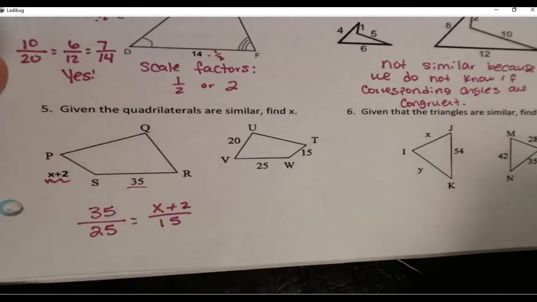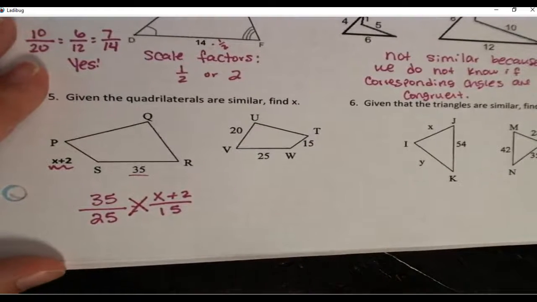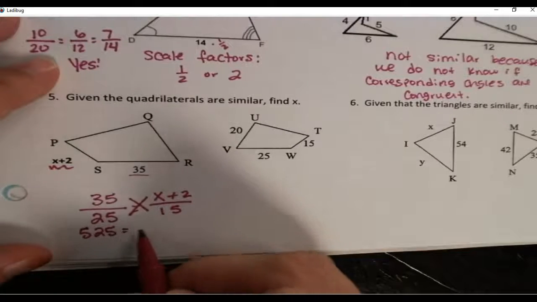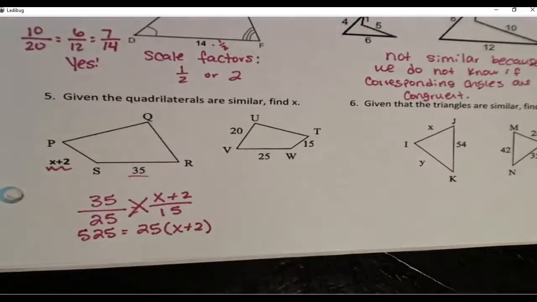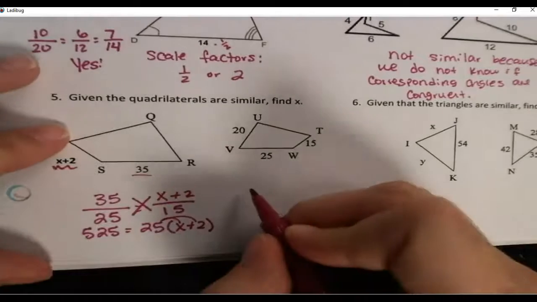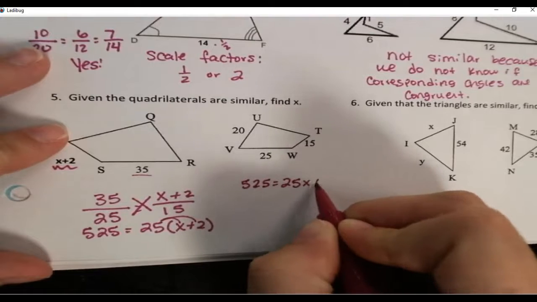Well, we don't know that our scale factor is 2. So now we cross multiply. Yep. So then 35 times 15 is 525 equals 25 times x plus 2. Okay. Then you can distribute. So we get 525 equals 25x plus 50.